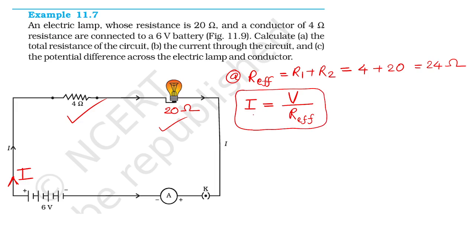If you want to find the battery current, what should I do? Battery current means current originating from the battery. Let me write here: this is battery current. Consider V as the battery voltage.